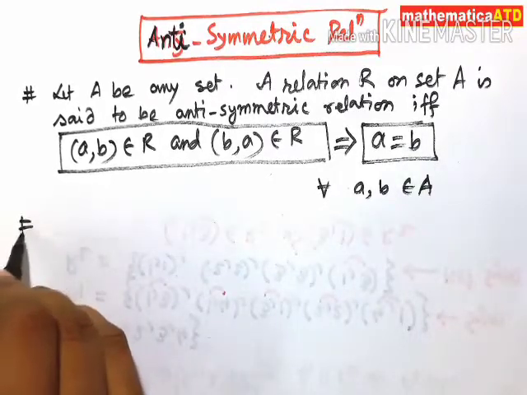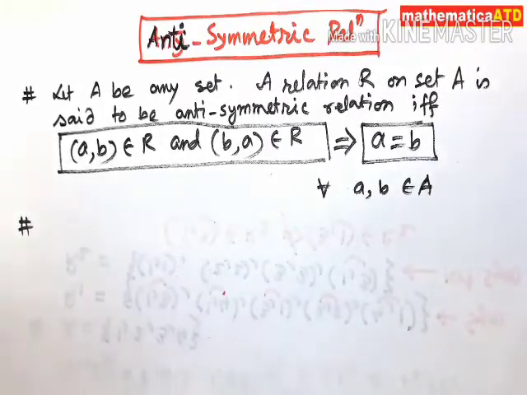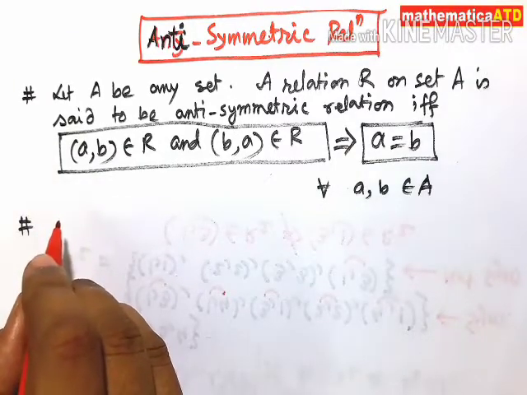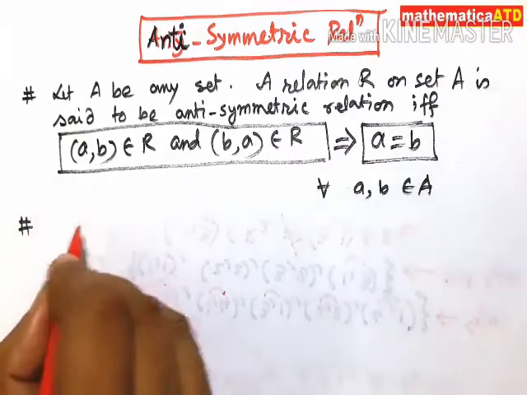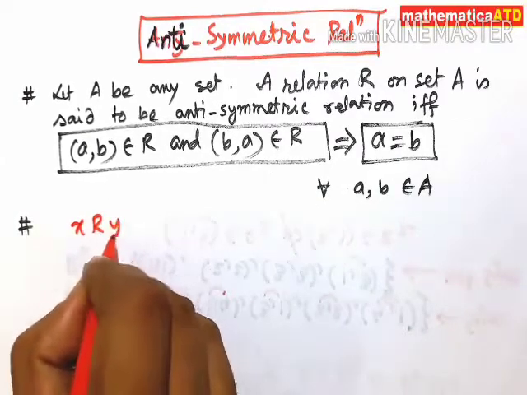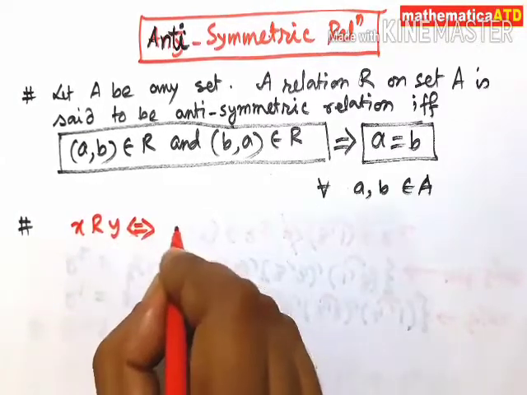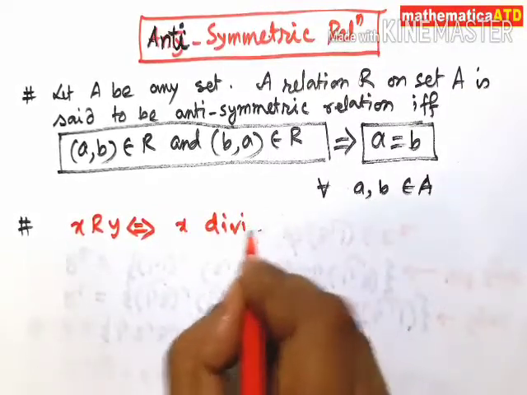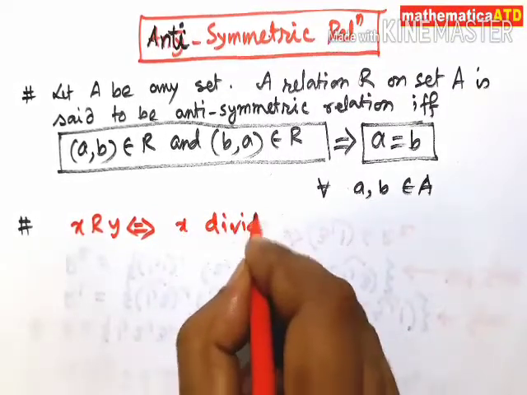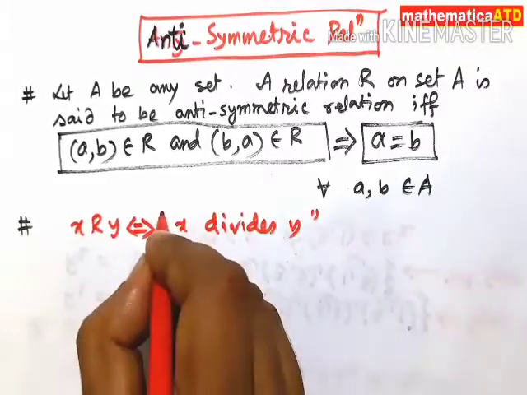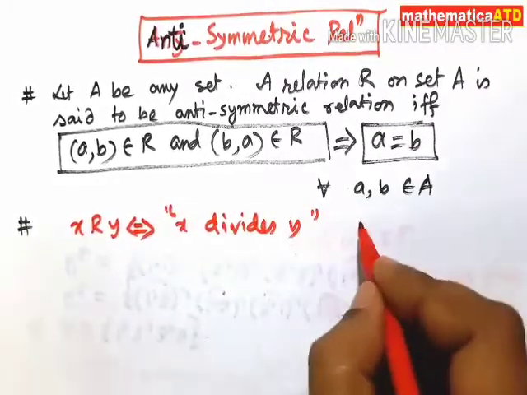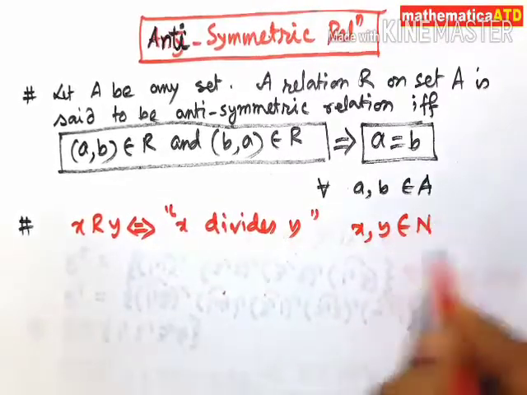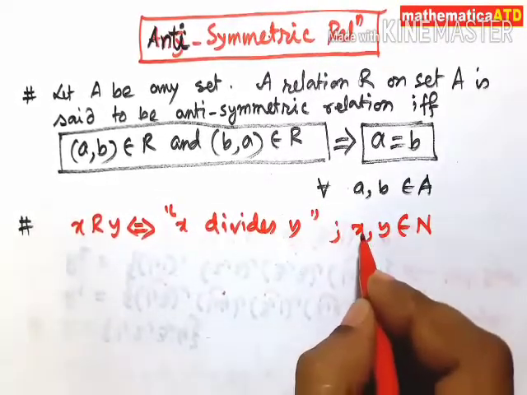Now we want to illustrate this one. Friends, let R be a relation on the set N of natural numbers defined by x R y if x divides y. The relation is given by divides, for x and y belonging to the set N of natural numbers.